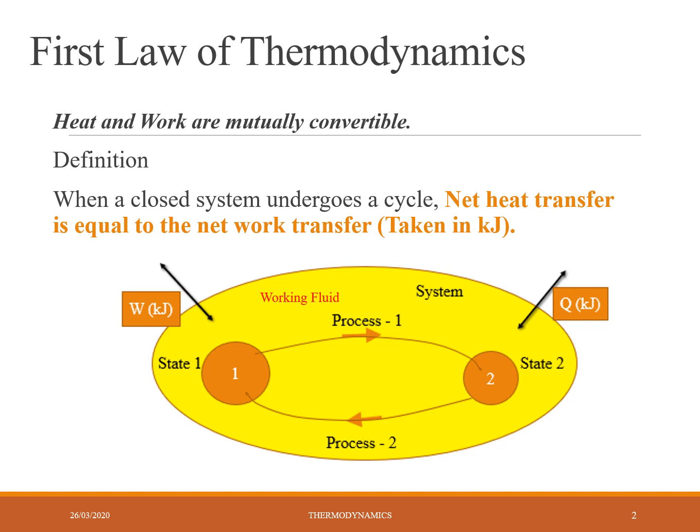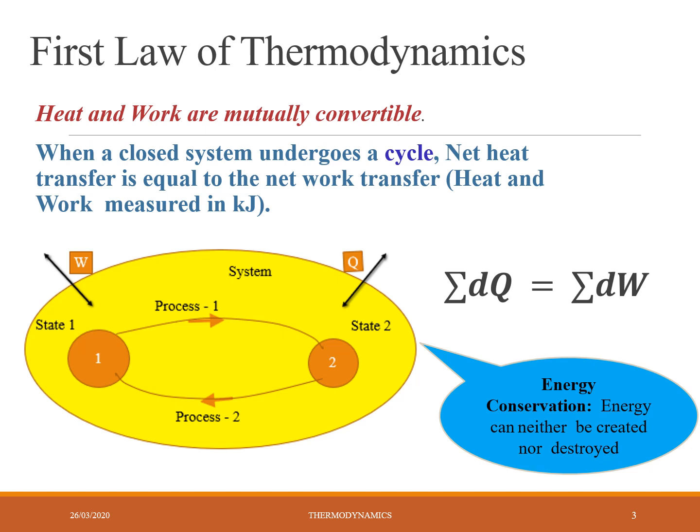The conceptual idea: you have a closed system as shown in the figure. The cyclic process takes place between 1 and 2. Then net heat transfer is equal to net work transfer taken in kilojoule. I think it is understood.